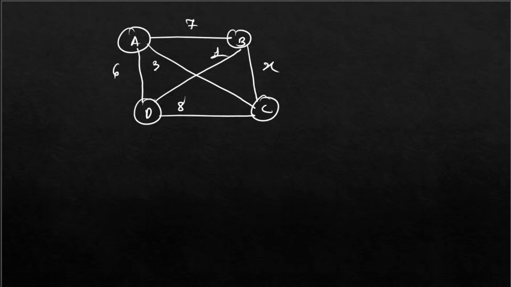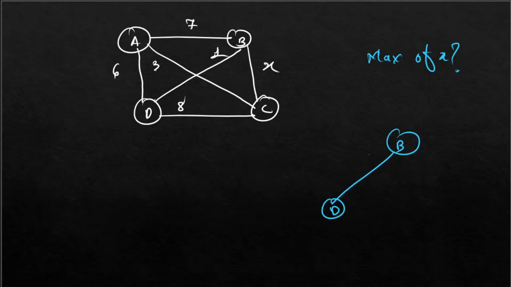Okay, so if you have to build the MST, we have to find the x value, it should be max of x is what? Okay, MST, so 4 vertices are there, so 3 edges will be there. Okay, so the minimum is B to D, which is of weight 1. After that A to C, which is of weight 3.